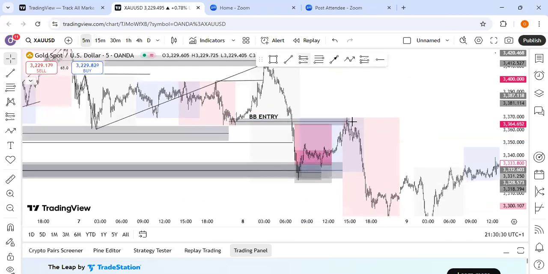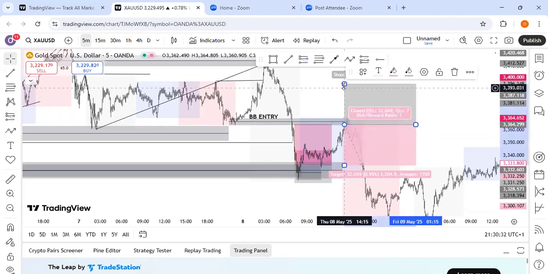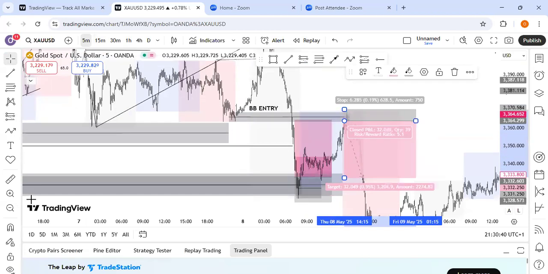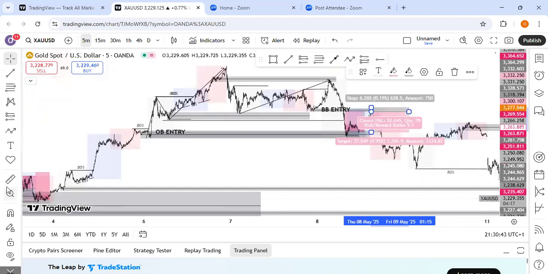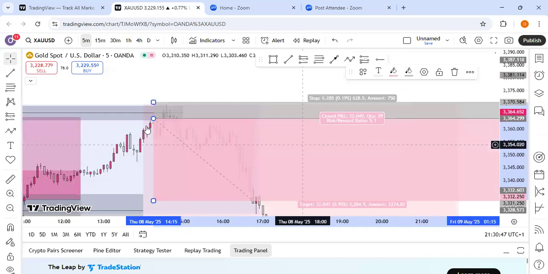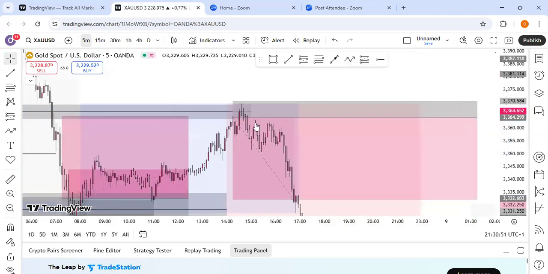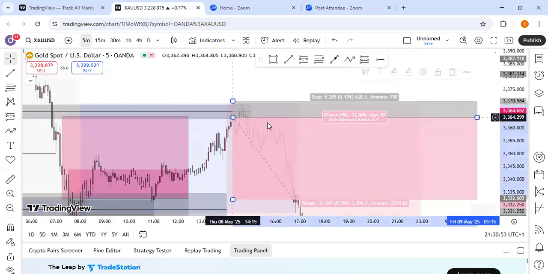If you pick your entry from here, your stop loss will be a little above, maybe about 500 pips or more. So if you wait for confirmation, let's check the confirmation entry. The confirmation entry was actually this. Let's see the one that gave us confirmation, and that is where we are going to pick our entry from.